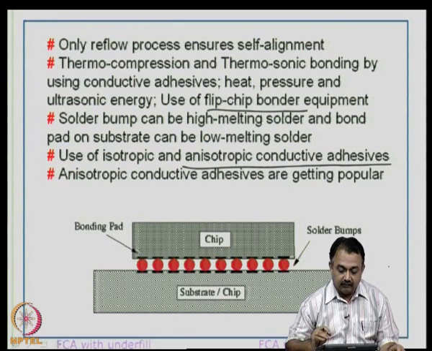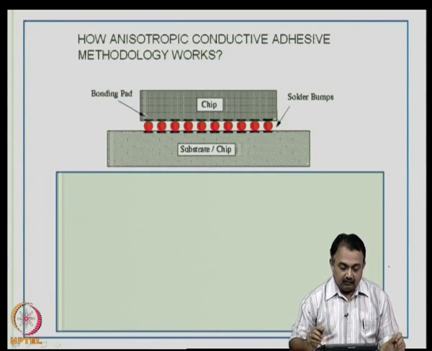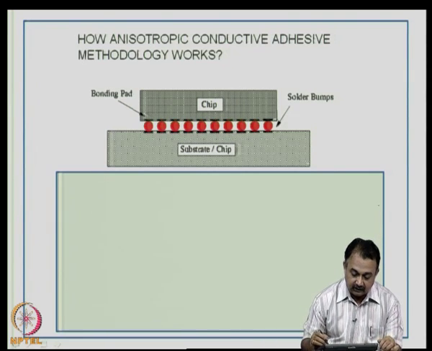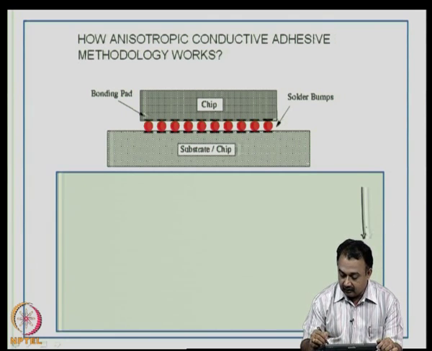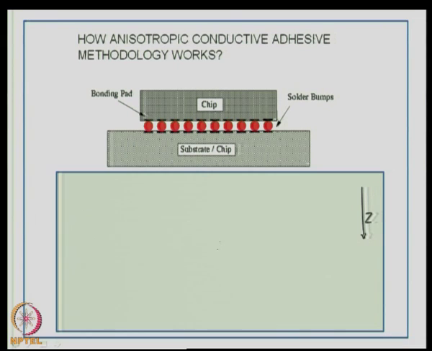But in this case, if you are using anisotropic conductive adhesives, you can work intelligently. How does it work? When we say anisotropic conductive adhesive, it basically conducts in the z direction. So, in this case assume a system here where a flip chip is there and there is a substrate.